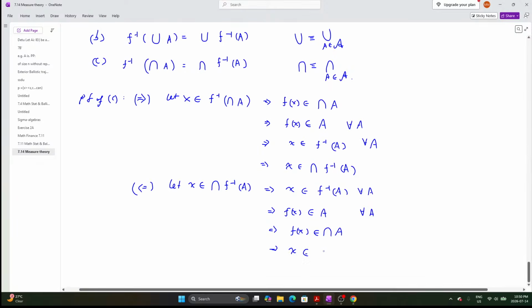Then x is in the inverse image of the intersection of A. So we're done. All right, guys.